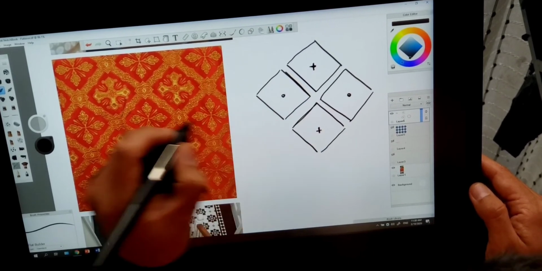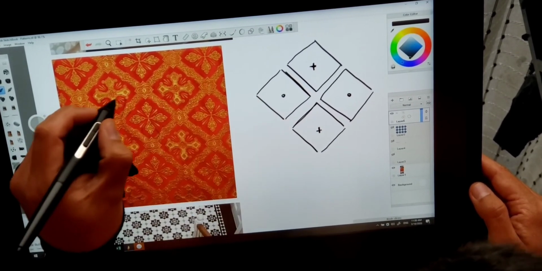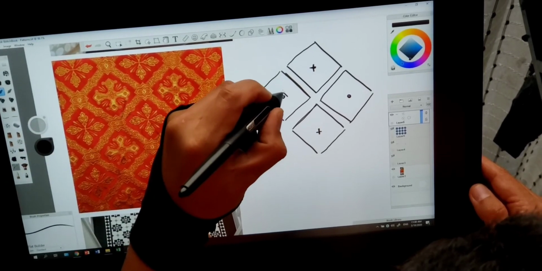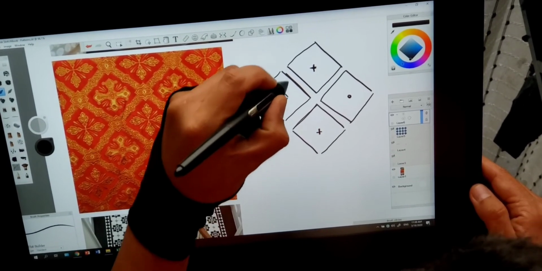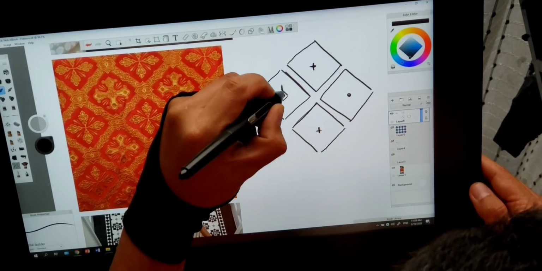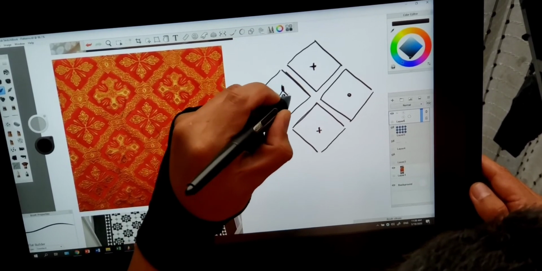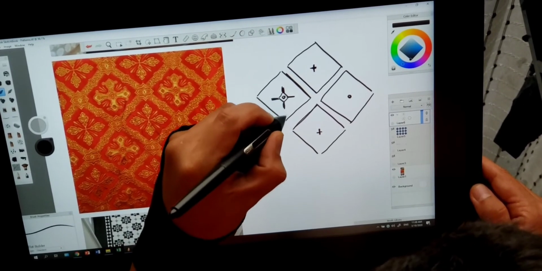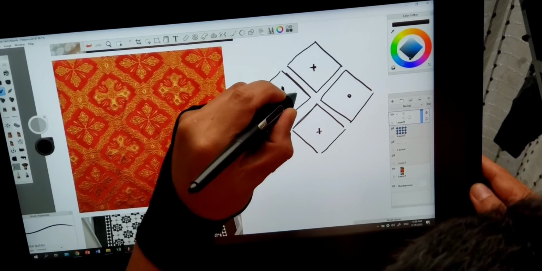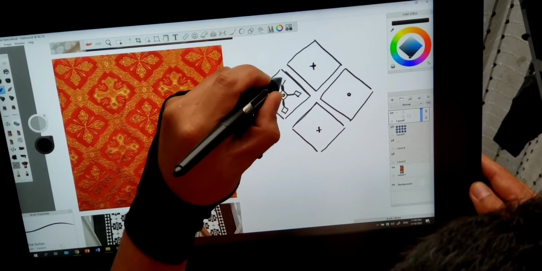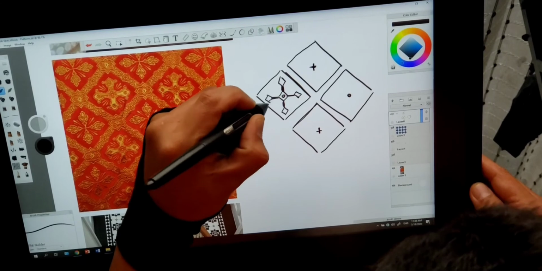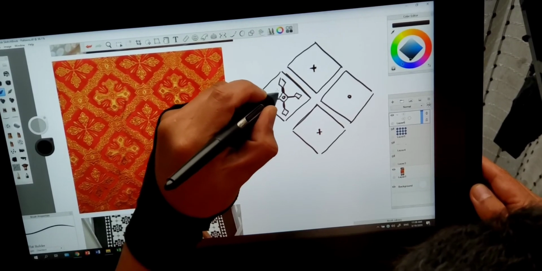So over here we see this symbol that is kind of a cross, a very fancy cross, with something like this and some lines.